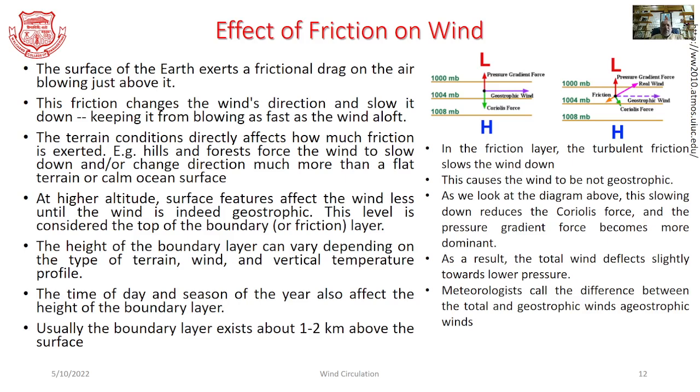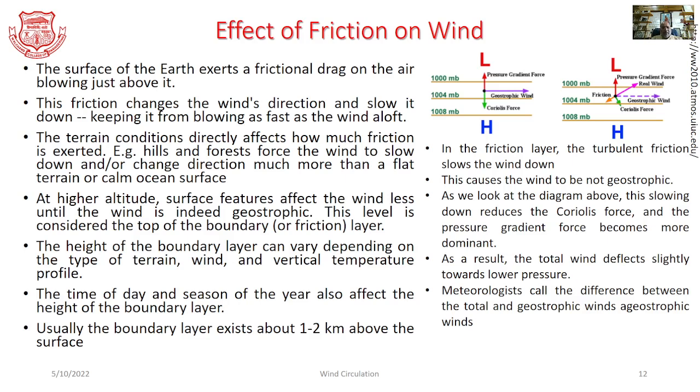As we discussed in the examples of the forest, hillocks or calm ocean, the height of the boundary layer can vary depending on the nature of the terrain as well as various wind and temperature profiles.